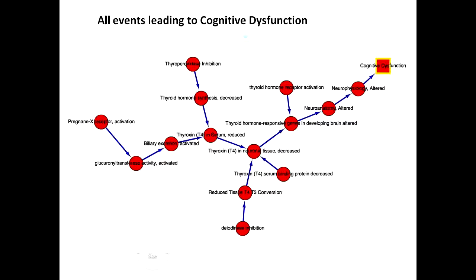So we can start getting some very interesting information when you start putting things together in networks. Look at a more complex one. When I looked at it, we can search for just all things leading to cognitive dysfunction that's in the database that we currently have. And there's 5 or 6 different AOPs that connect to that, potential ones.